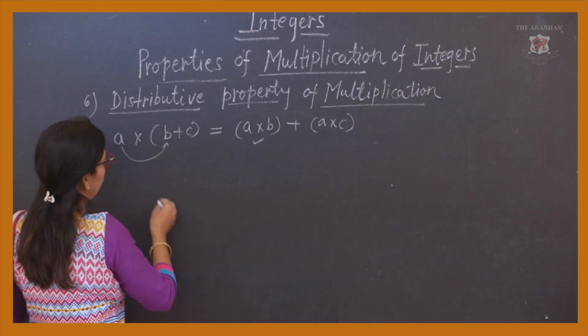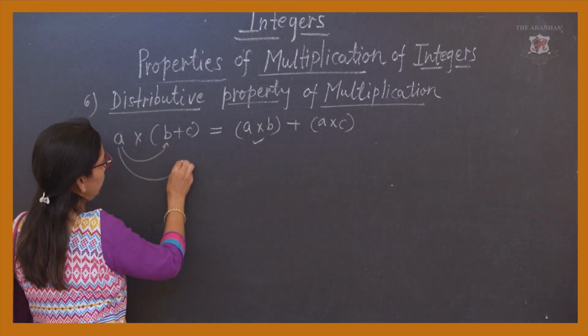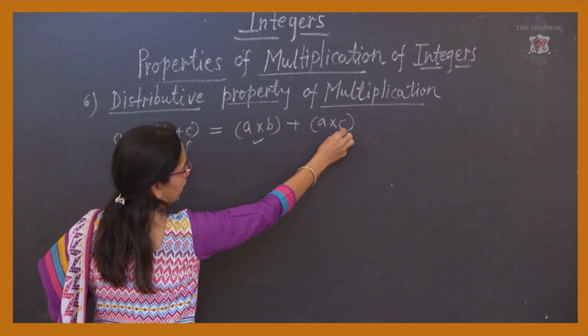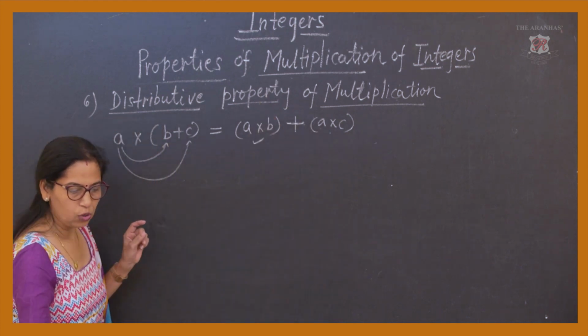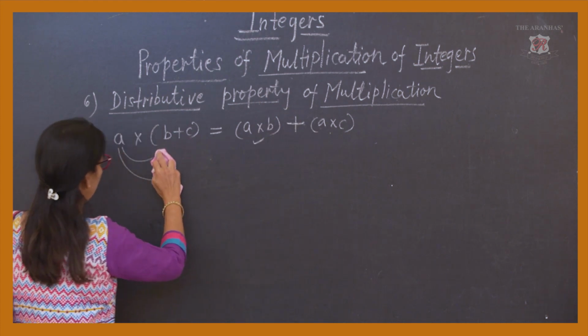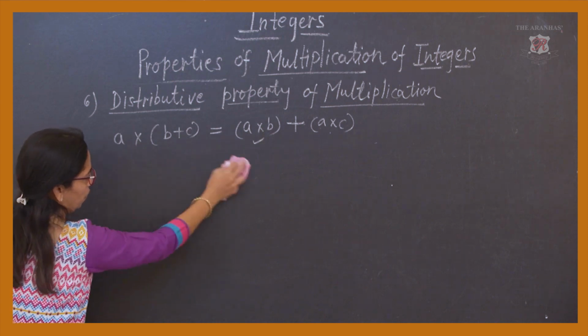Then when you multiply a into c, you will get a into c. And this is the plus sign. So with the example, again we can have.